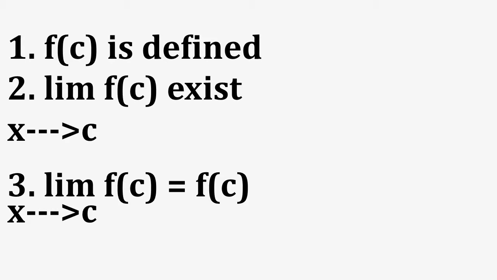But what if we are given a one-sided limit? We can only say that a function is continuous at c when these three conditions are met.